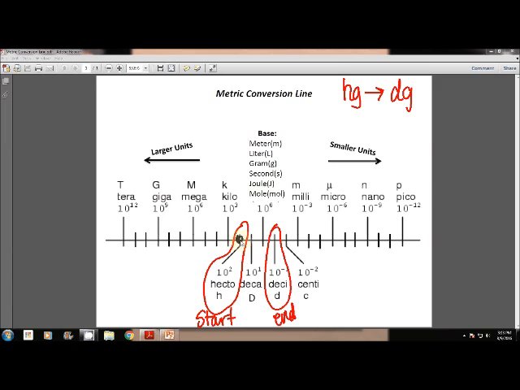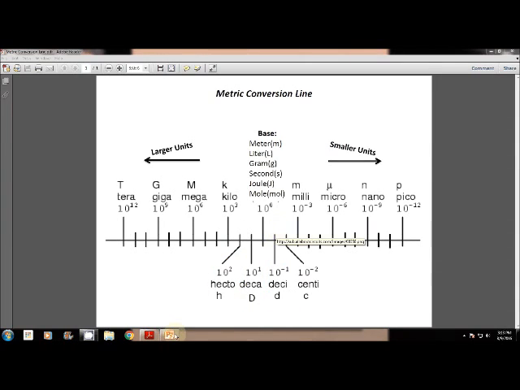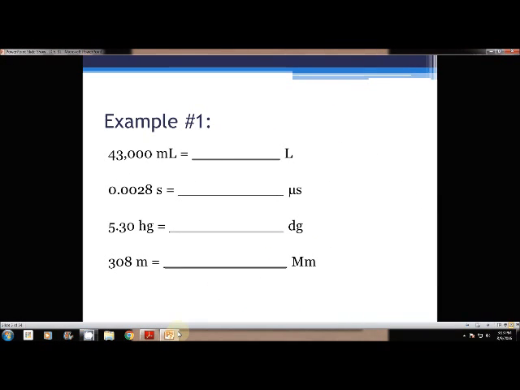Starting at hecto, Zeroni, 1, 2, 3 times to the right. So I have 3 moves to the right, so I'm going to go 1, 2, 3, and so I have 5, 3, 0, and I have one more 0 to fill, so it's 5,300 decigrams.